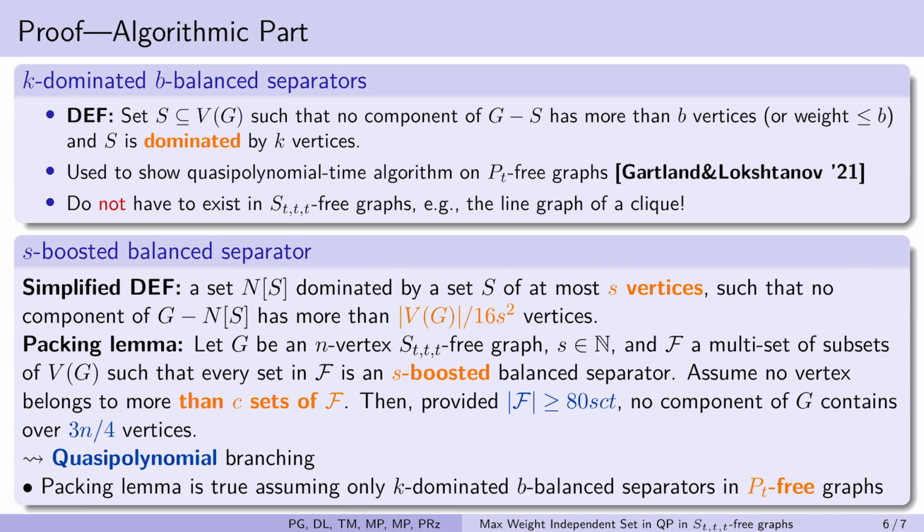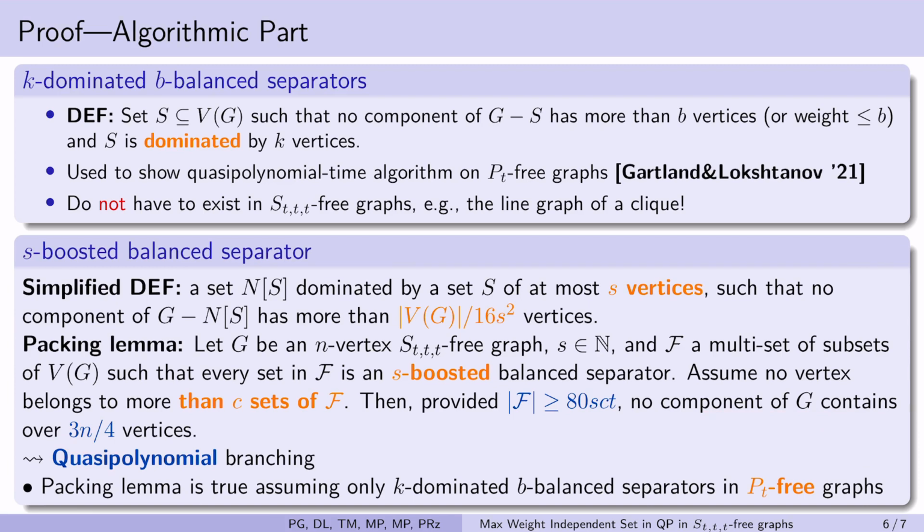Then, if the size of this family is sufficiently big, depending on c, some constant t and the separator size, then we say that no component of G has more than 3/4 of the vertices of M.